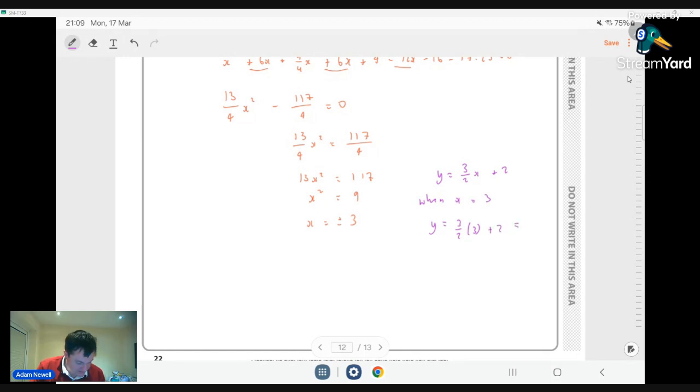3 over 2 times 3 plus 2 gives me 13 over 2, or 6.5. And then when x equals negative 3, we get y equals 3 over 2 times by negative 3 plus 2, which is equal to minus 5 over 2.